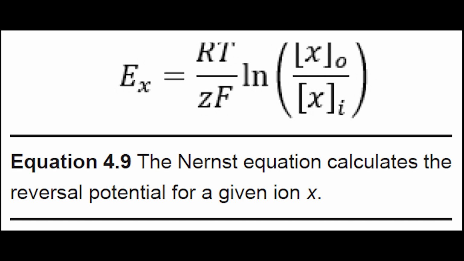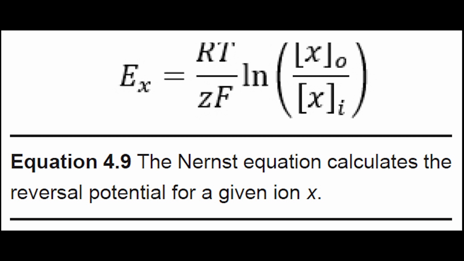Ex is sometimes also called the reversal potential, because once the cell membrane crosses this potential, the net movement of the ions reverses direction. This value is also called the Nernst potential, in honor of Walther Nernst, the Nobel Prize-winning German chemist who first developed the formula to describe electrochemical reactions.